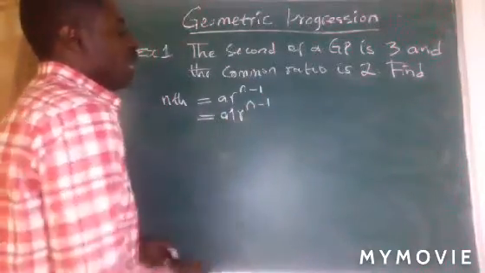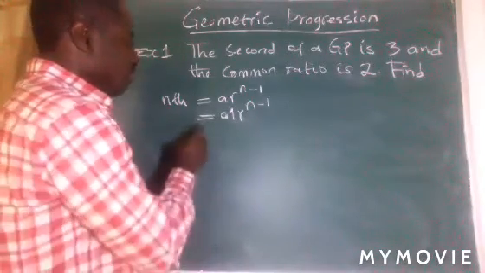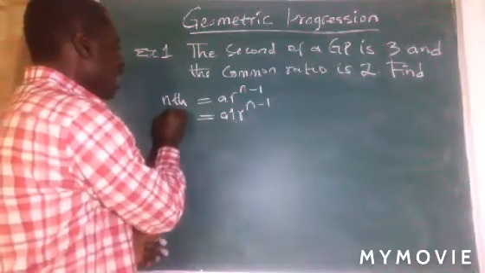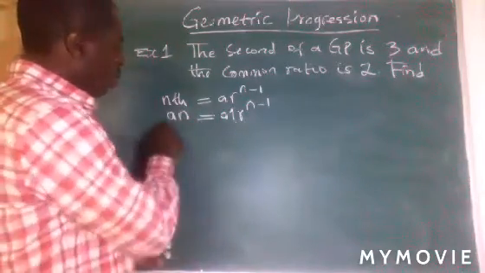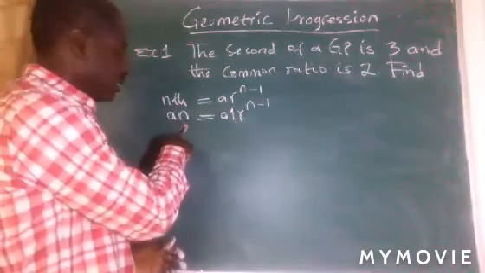Here, n stands for any of the terms in the sequence. Therefore, the nth term is the same thing as an, where n stands for any term of the sequence.